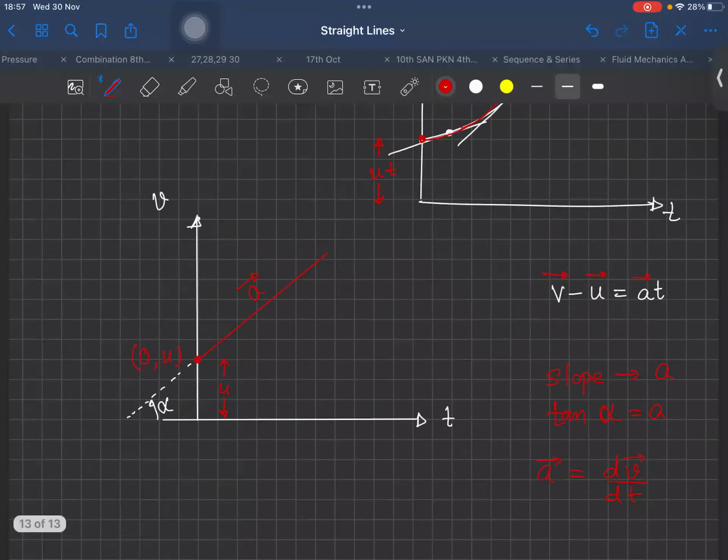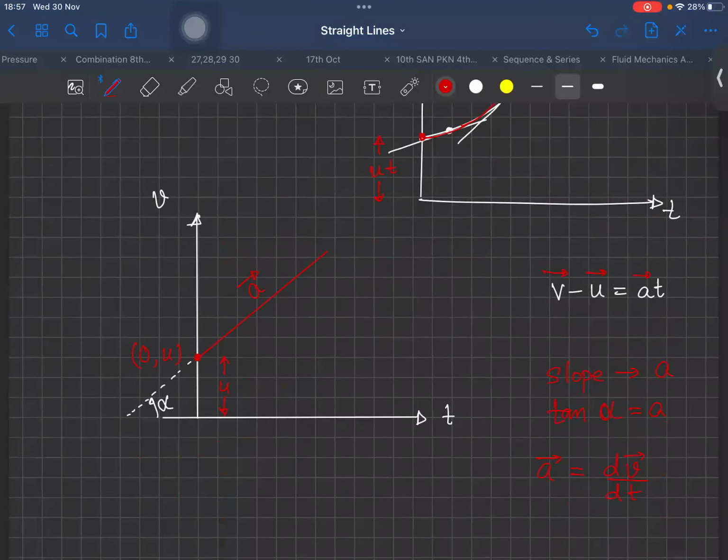So this a, now you understand this equation: v minus u is equal to at. Now can we write this v in the form of a straight line? This is y, minus c is equal to mx. Can you see this? That means y is equal to mx plus c.